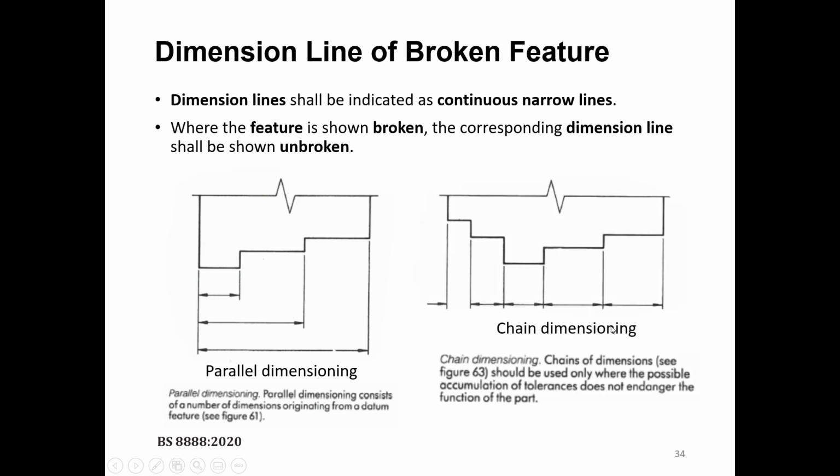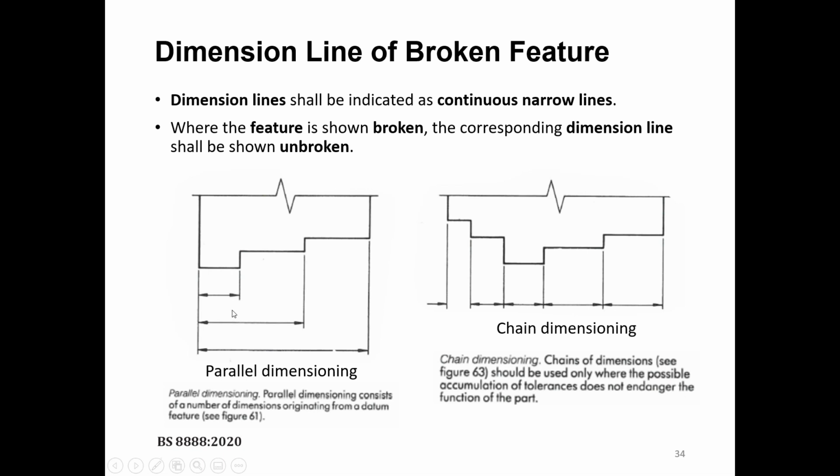On the other hand, we have another type of dimensions, which is called chain dimensioning. In chain dimensioning, they just come in series, like this one followed by this one, followed by this one, followed by this one. They should only be used where the accumulation of tolerances does not affect the function of the part.